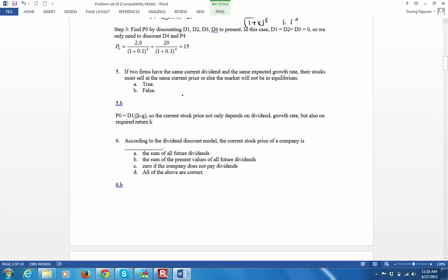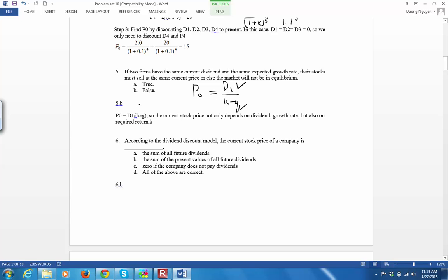Now number 5, if two firms have the same current dividend and the same expected growth rate, the stock must sell at the same current price, or else the market will not be in equilibrium. The stock price is equal to D1 over K minus g. If they have the same current dividend and the same growth, D1 is the same, growth is the same. But if the required returns are not the same, then the stock prices are not the same.